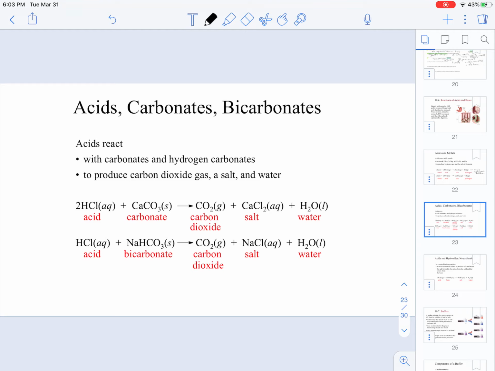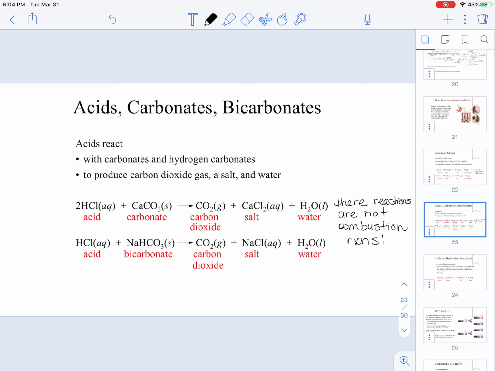Understand that these reactions are not combustion reactions.